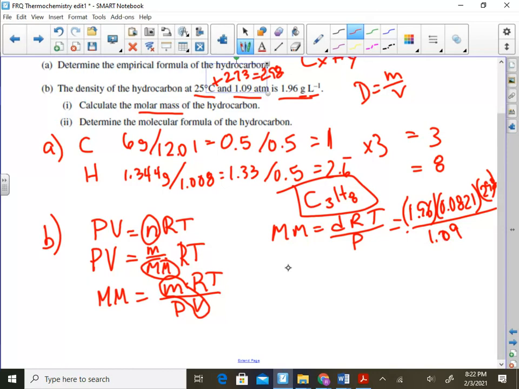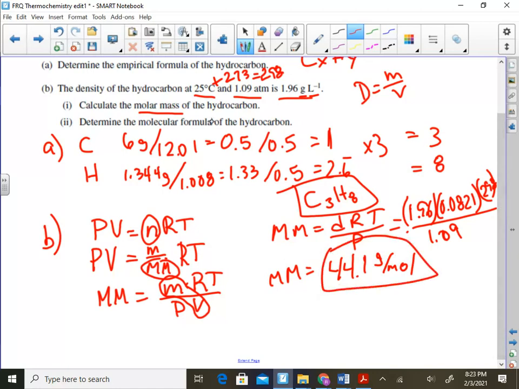And so when we find the molar mass, we get 44. And I think that's 0.01 or 0.1. And we have our molar mass.